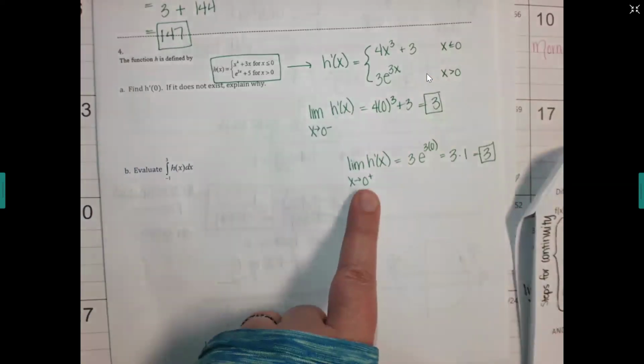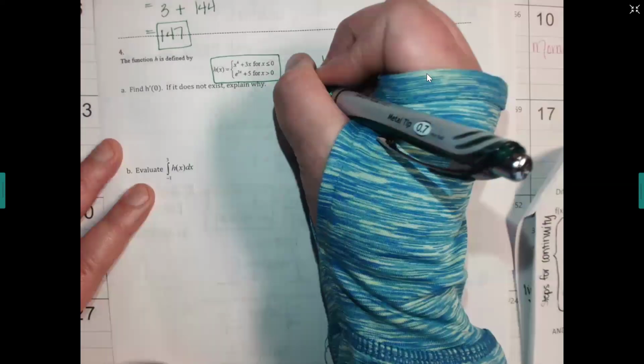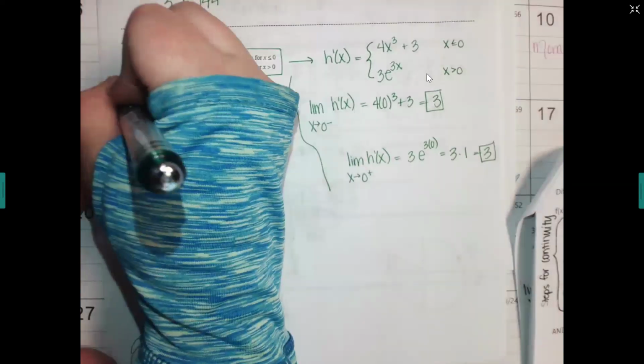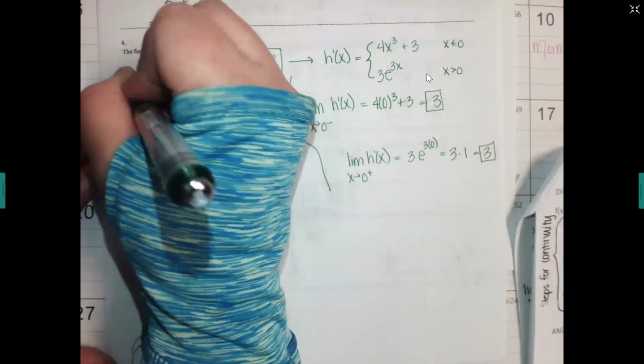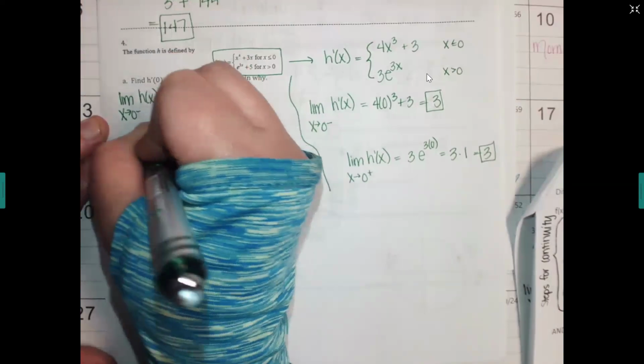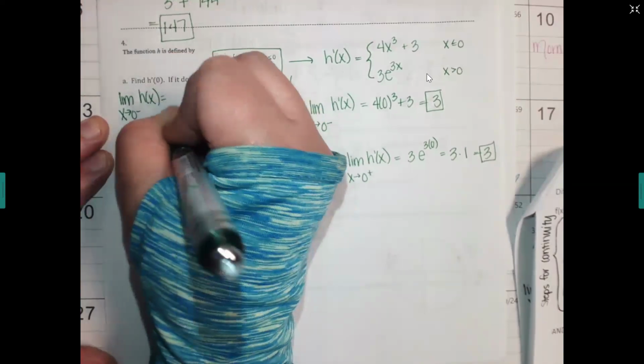So I see that my derivatives match. That's good. Okay, but in order for me to know that this is a correct answer, I have to make sure my graph is connected. So let's check the limit as x approaches 0 on regular h from the left, and then regular h from the right.